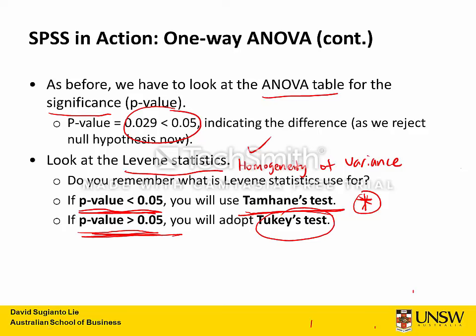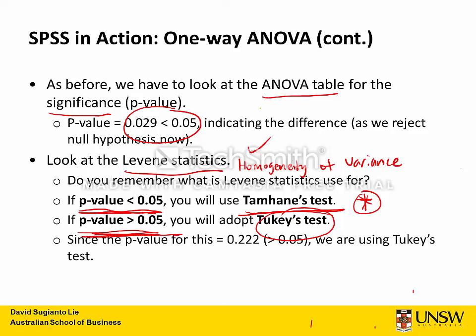In this case, make sure the p-value for Levene is 0.222, which is more than 0.05. Therefore, we are using Tukey's test.